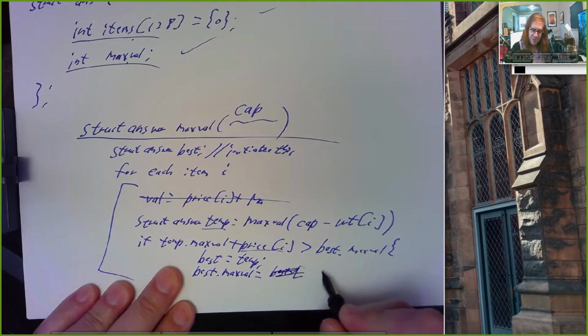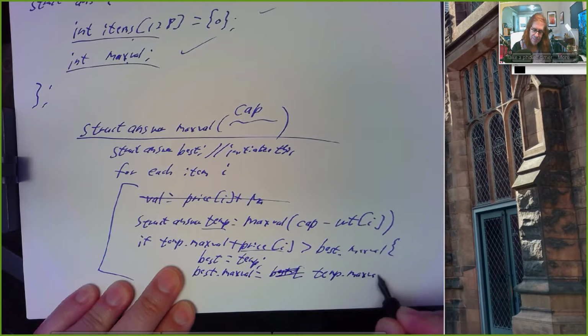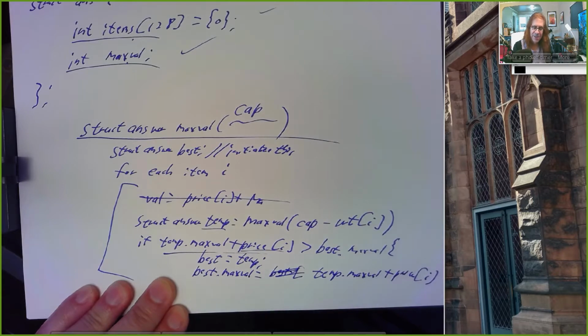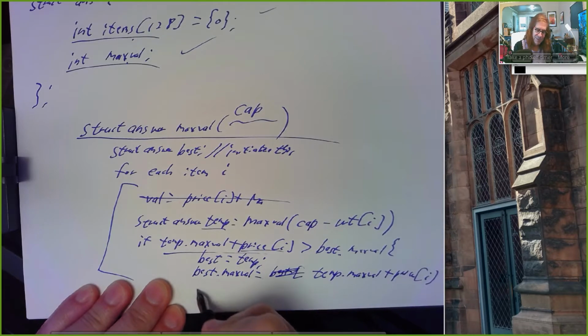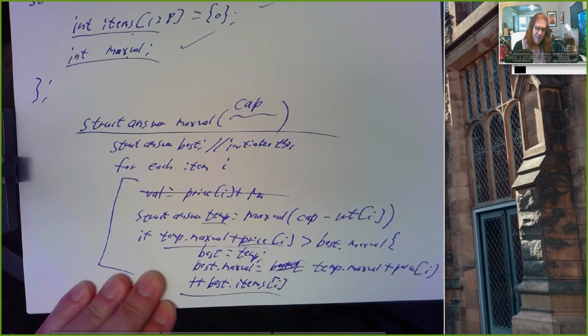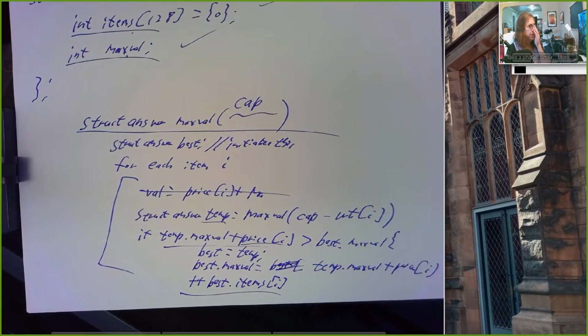Or, if you like, temp maxval plus price of item I. Right, so just that. And then adjust the inventory, right? So increment best.items[I]. And that's what takes care of adjusting the inventory count.